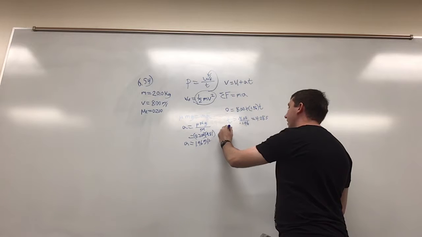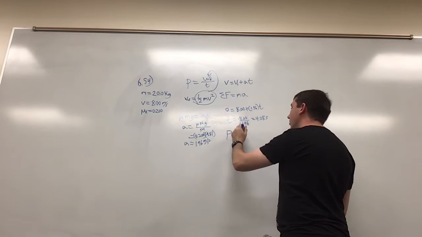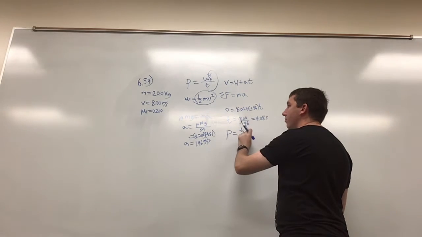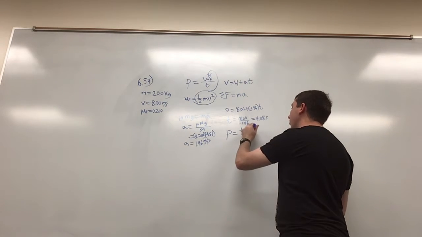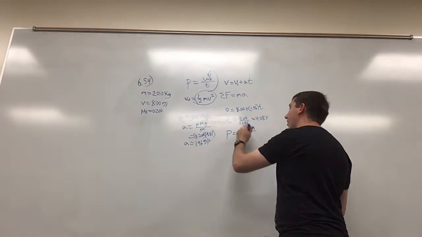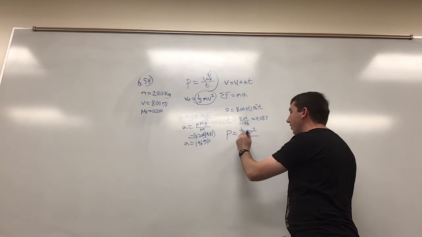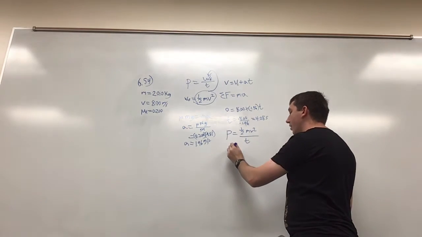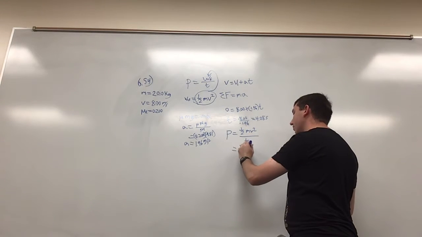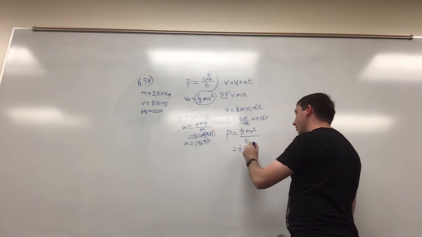So then we can substitute all of this in for the work in our power equation. So we can rewrite that as our power is going to be equal to 1/2 the spring constant times the velocity squared. No, not spring constant, mass. Mass times the velocity squared divided by the time. We then plug in all of our variables. It's a 20 kilogram rock.